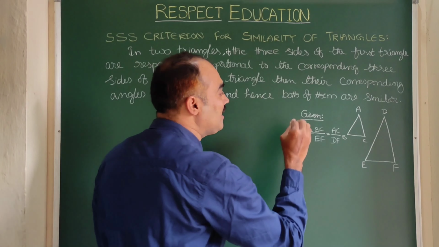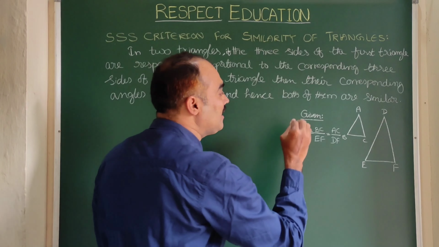The condition is that the same length as AB, you take DP. So I take this point as P and this point as Q. DP is equal to AB and also DQ is equal to AC.